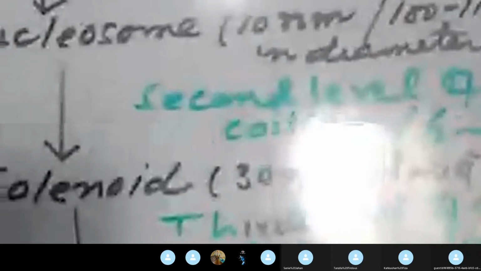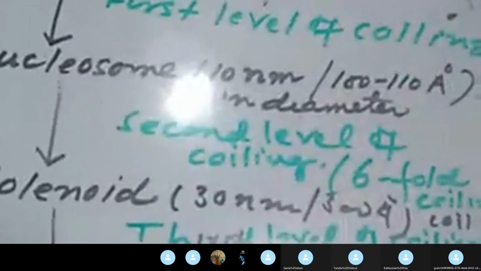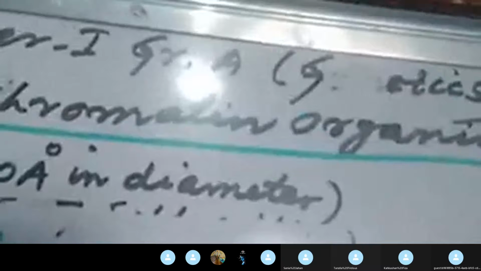The solenoid undergoes the third level of coiling to form supersolenoid. And finally, the supersolenoid undergoes final coiling to form the chromatid and chromosome. So this is all about the diagram and the way in which the packaging of DNA inside the eukaryotic chromosome takes place. Am I clear to all of you?